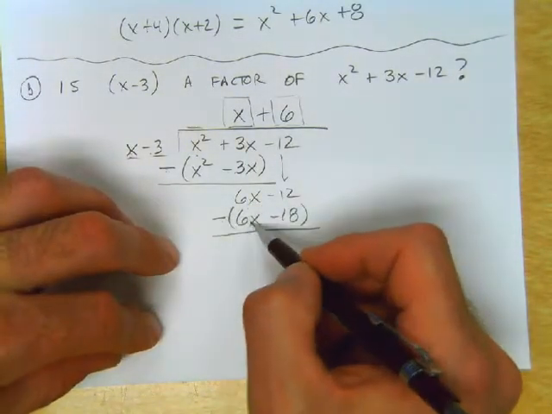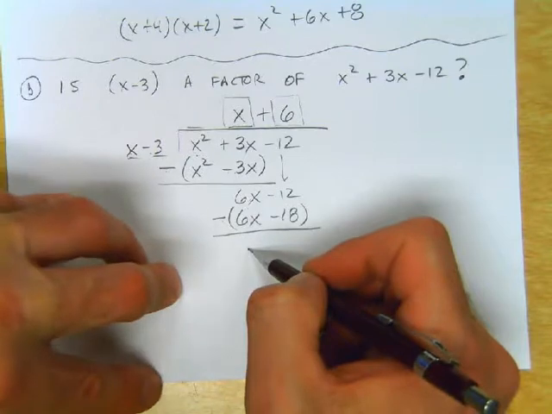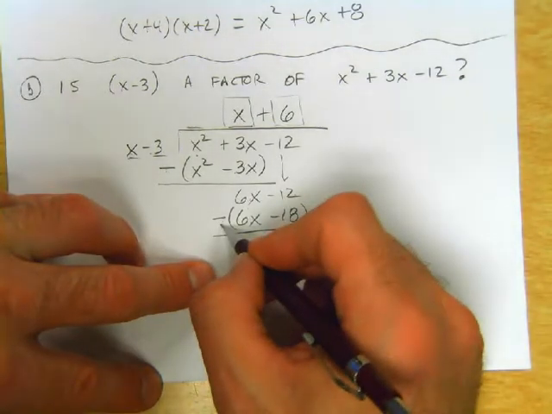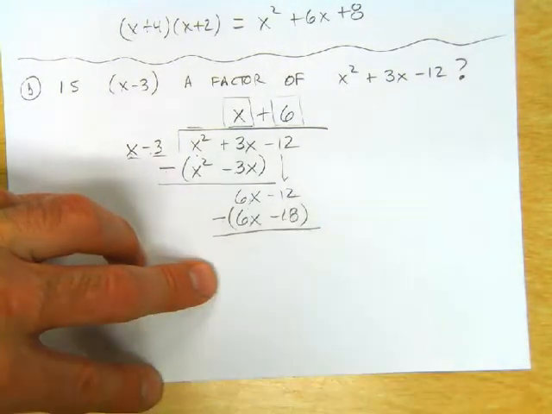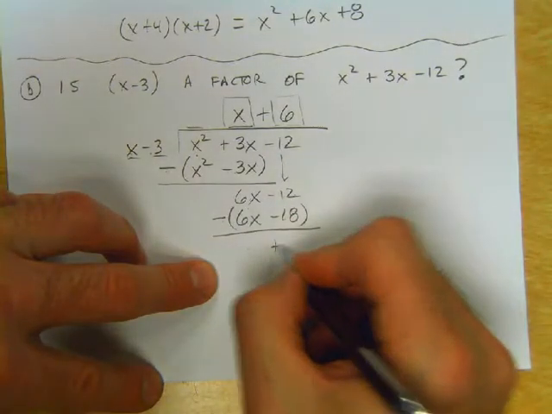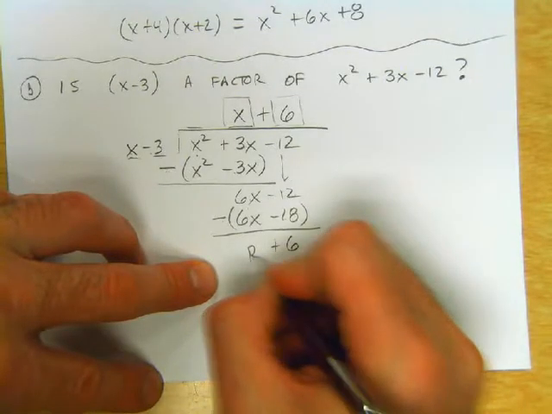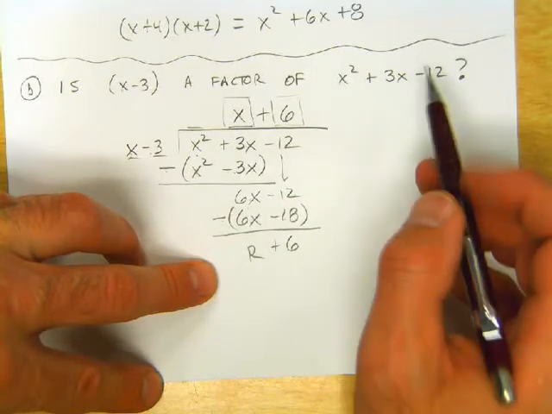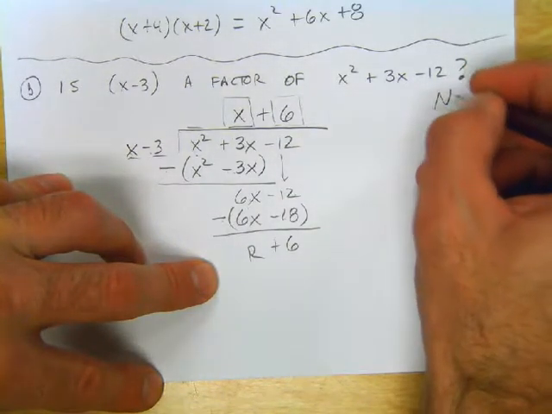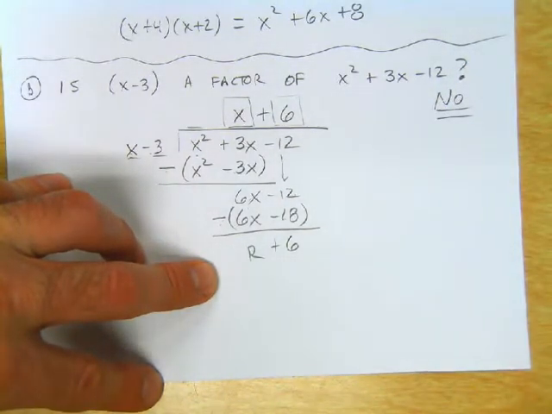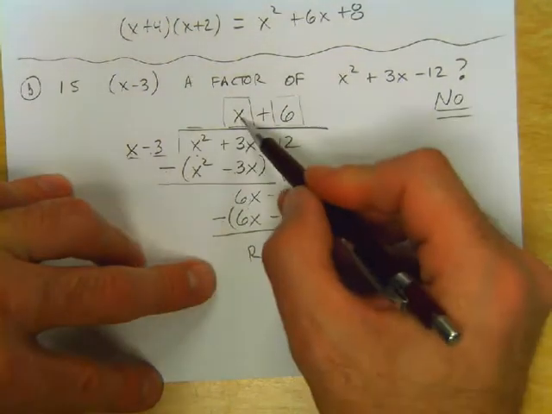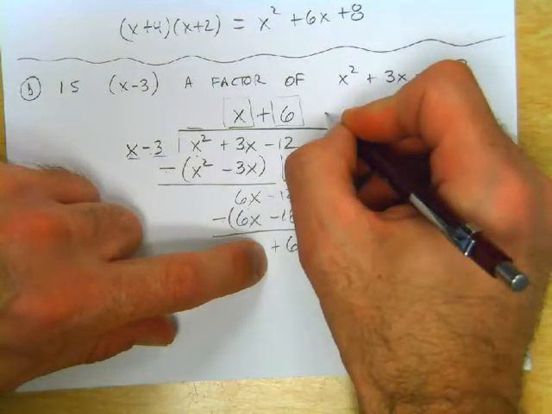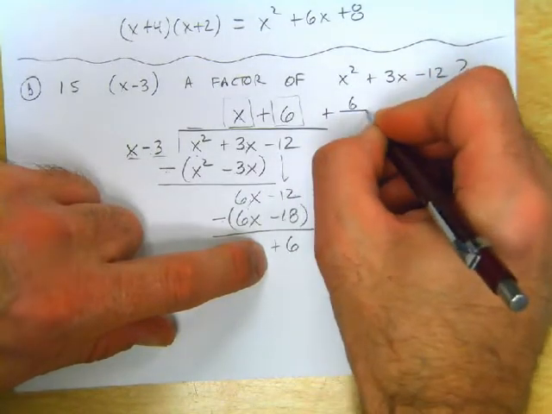Negative 12 minus negative 18 is positive 6. Is x minus 3 a factor? No, it's not. And what we would do is we would write the answer as x plus 3. See this plus 6? We would write plus 6 divided by x minus 3.